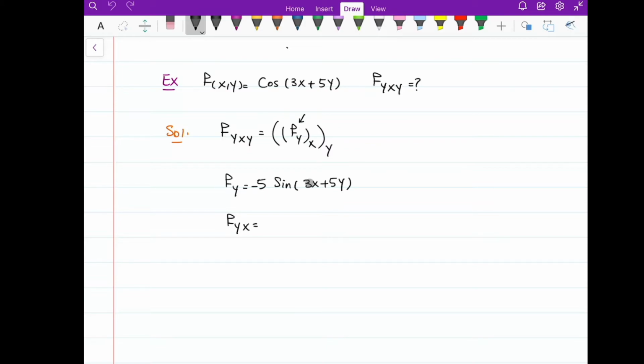With respect to x, I get a 3, so I get negative 15 cosine of 3x plus 5y. And for fyxy, take the derivative of this with respect to y. With respect to y, x is a constant, the derivative of that inside would be 5. So I get negative 75, and the derivative of cosine is negative sine of 3x plus 5y.